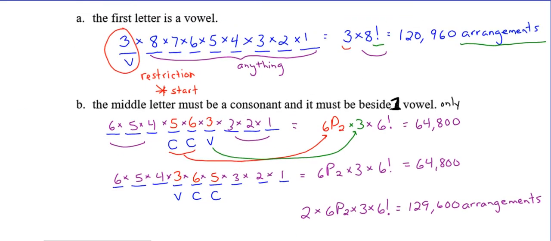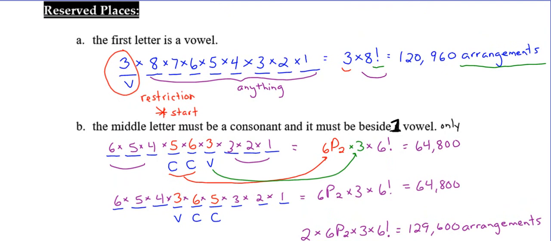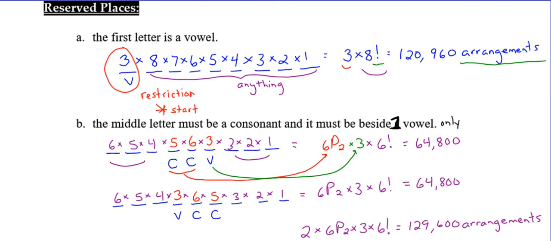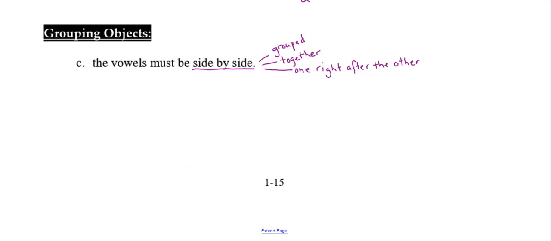So there's a couple of examples of how you handle reserved places. So always start with the restriction and then fill in the remaining parts. This next example you're going to see several times in your homework, in quizzes, exams, and tests. And they have to do, in this question, with the vowels having to be side by side.